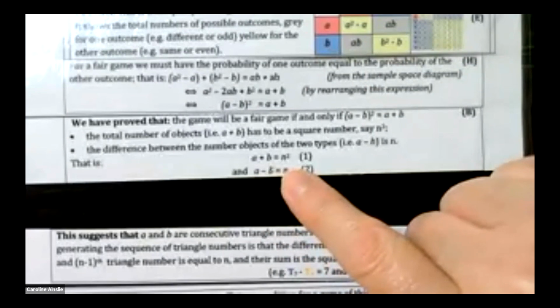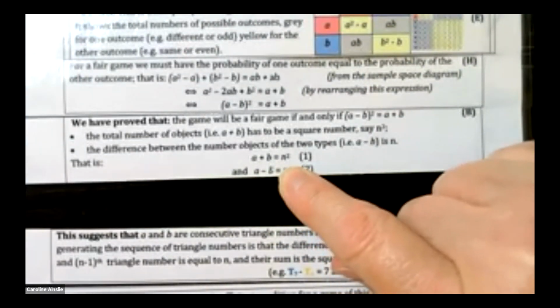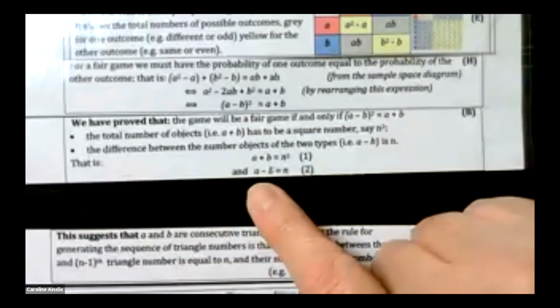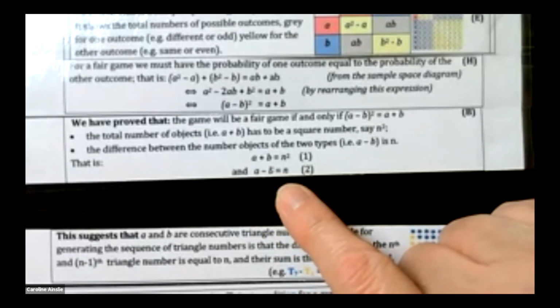So (A minus B) times (A minus B) is our n squared. A minus B equals n. So what do we know? Equations 1 and 2: A plus B equals n squared, that's the total number of objects. And the difference between the numbers of one type and the other is n.